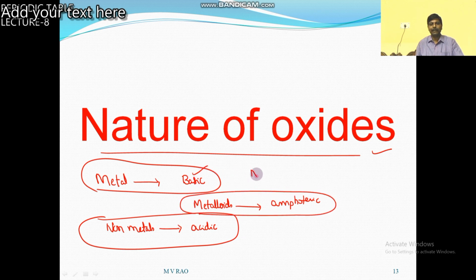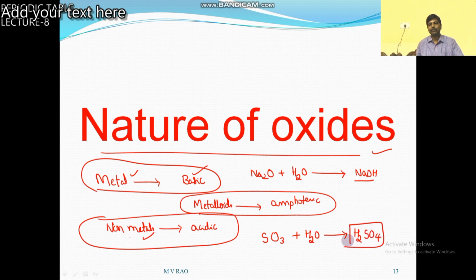For example, sodium oxide Na2O, a metal oxide, dissolved in water gives NaOH, which is a base. Non-metal sulfur oxide SO3, dissolved in water gives sulfuric acid, H2SO4.